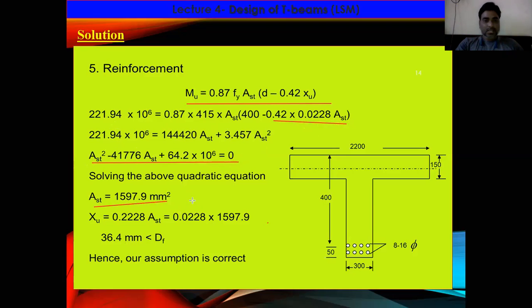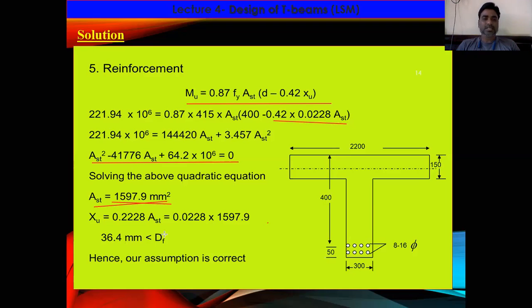Right. So from this, again, this should be checked with respect to the maximum Ast and minimum Ast, right? The maximum Ast for beams should not be greater than 4% of bD, right? And the minimum Ast can be determined as per IS 456 2000.